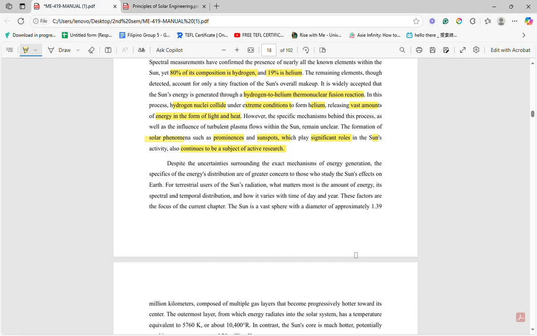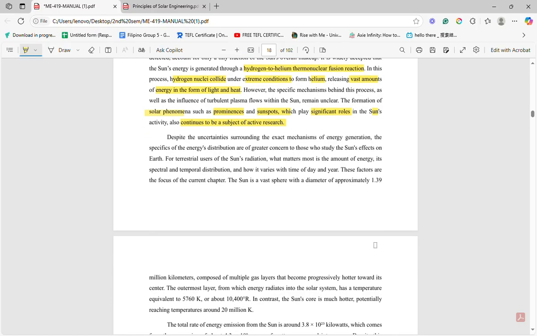are of greater concern to those who study the sun's effect on Earth. So, yun nga, syempre, it's not really about the energy generation of the sun, which is the concern of many, but it is how this energy gets distributed on each part of the earth.